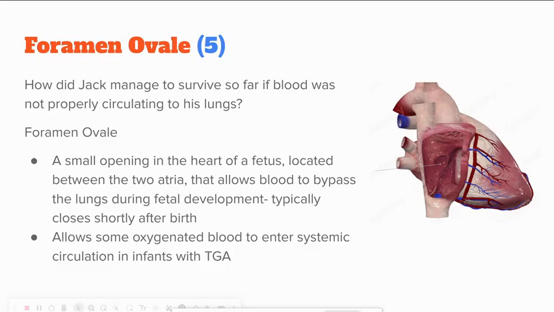It's located between the two atria, and it allows blood to bypass the lungs during fetal development, and it typically closes shortly after birth. After it closes, its name changes to fossa ovalis, and we've learned that in our heart unit. So this structure allows some oxygenated blood to enter systemic circulation in infants with TGA. So God bless Jack that he can survive so far.